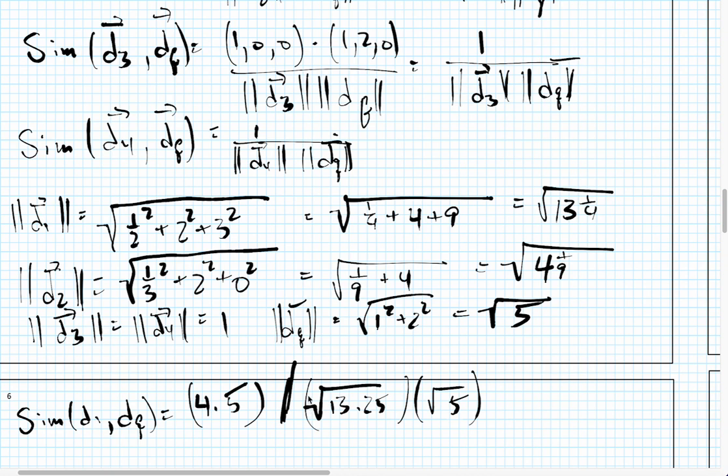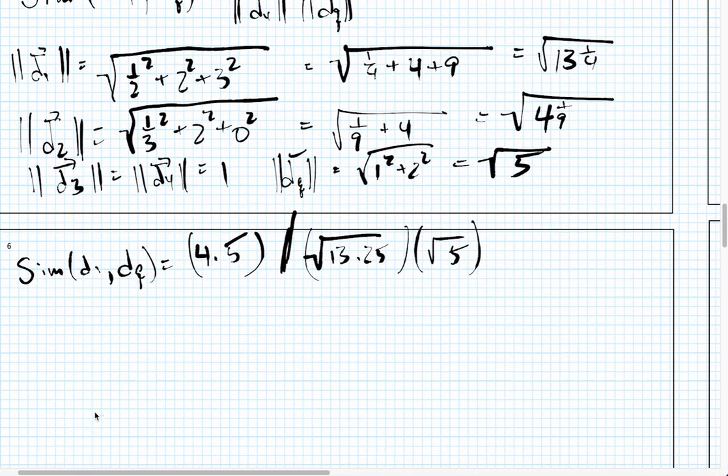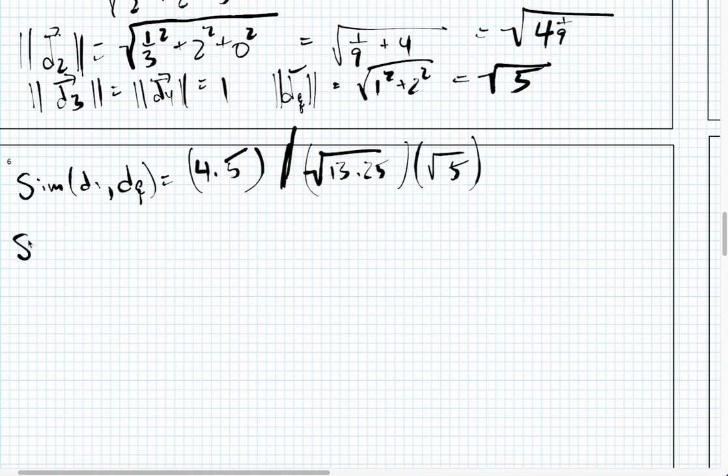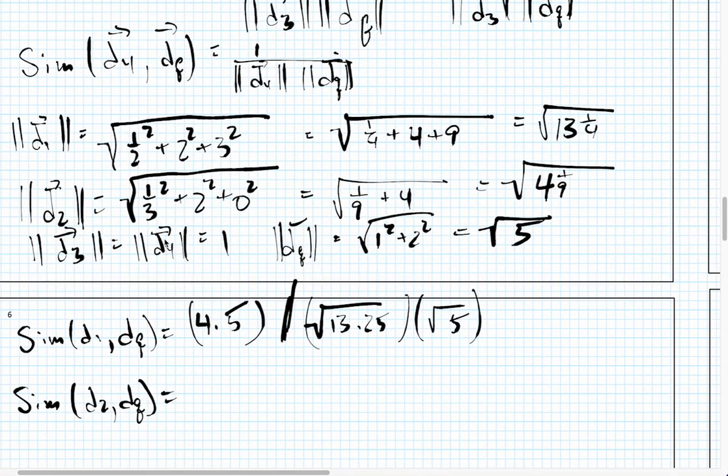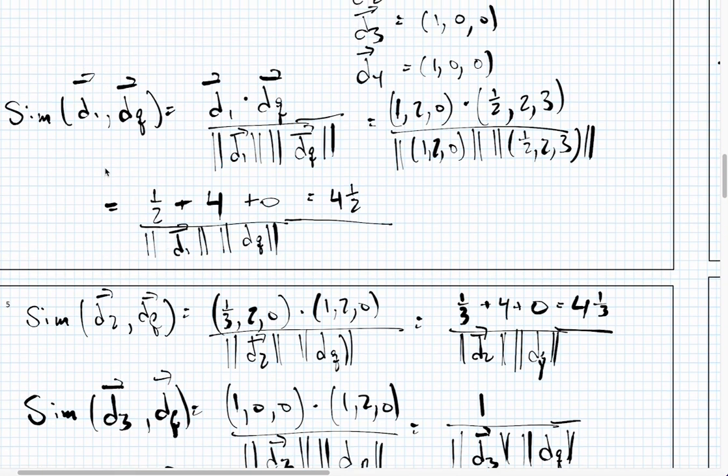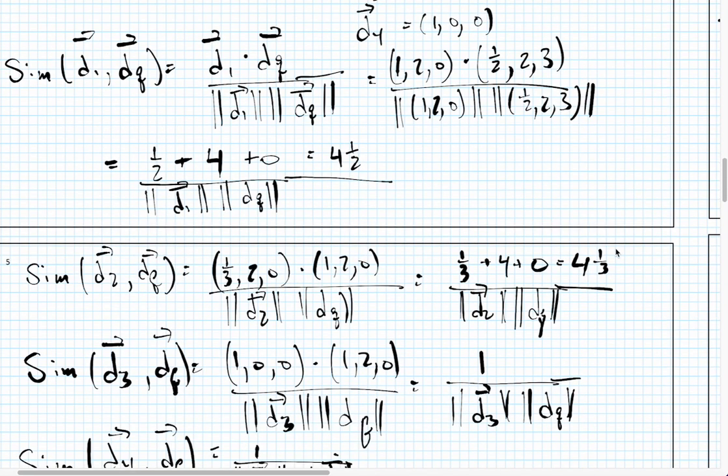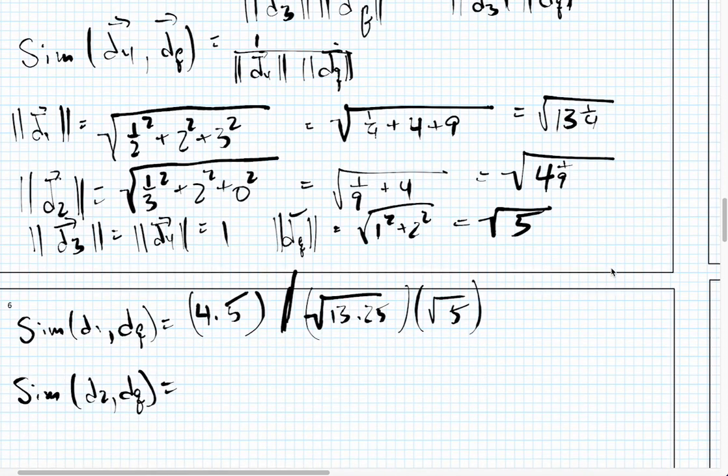Remember, here's the big division here. The similarity of D2, DQ is equal to 4 and 1/3, 4.33, divided by the length of D2, which is radical 4 and 1/9, times radical 5.